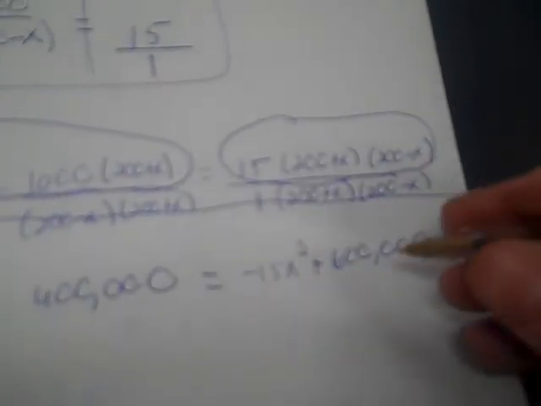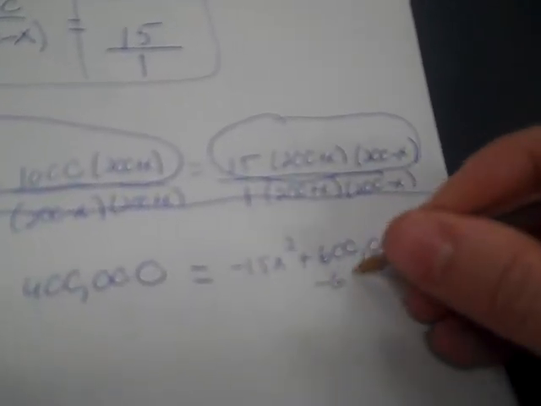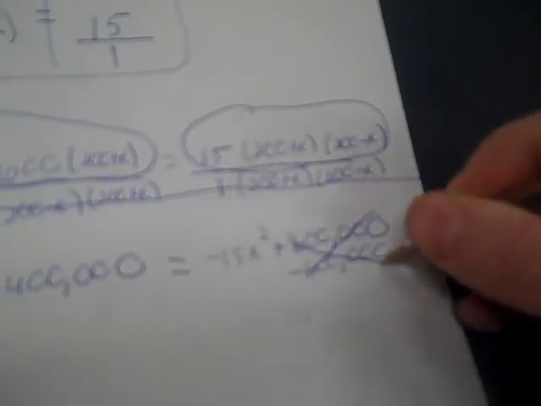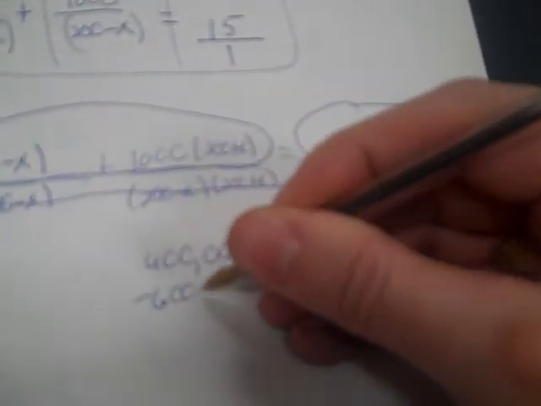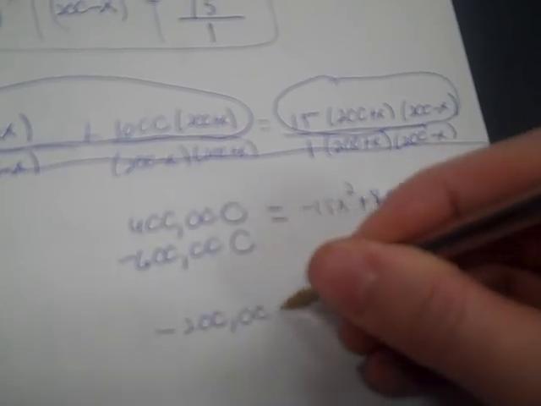Negative 15x to the second power plus 600,000. Now all you have is the x to the second, so you don't need to factor, you just get that by itself. You need to undo the addition of 600,000 by subtracting it. So that's negative 200,000.